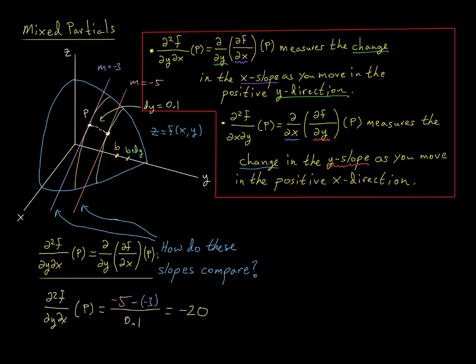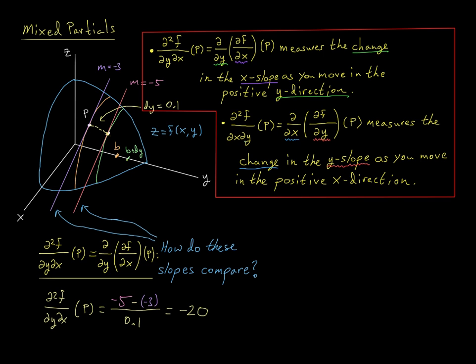If I'm going to measure the yx derivative, what I'm saying is I'm measuring the change in my x slope as we move in the positive y direction. That's the yx derivative, and this is an example of how we would go about computing that.